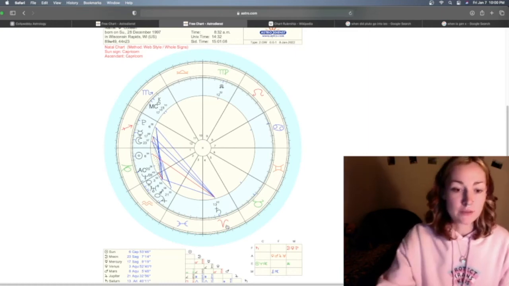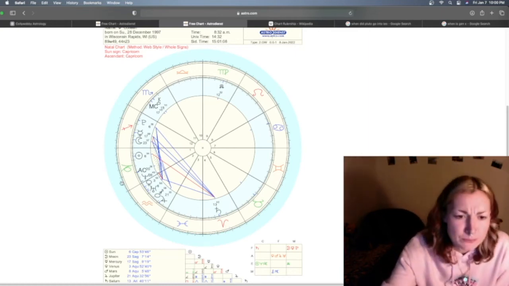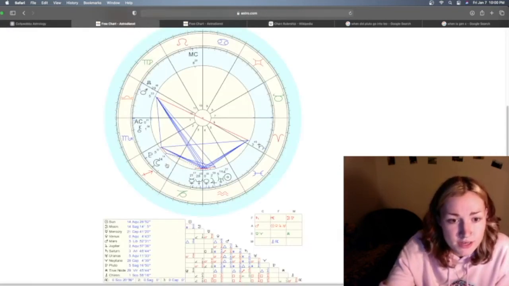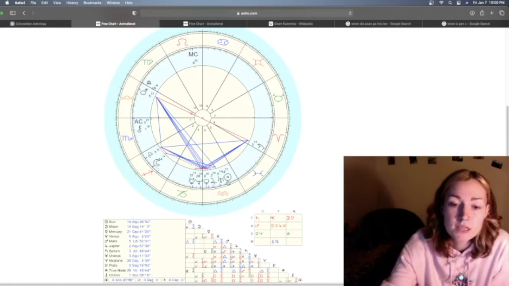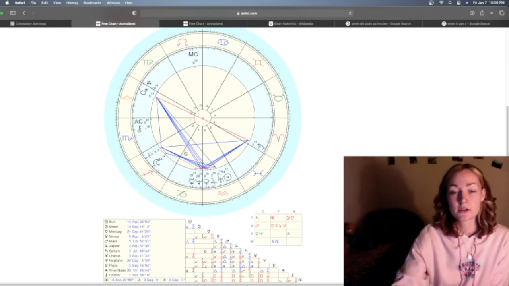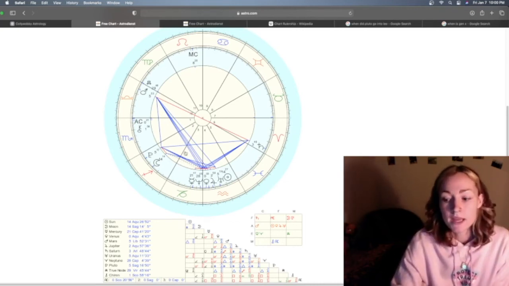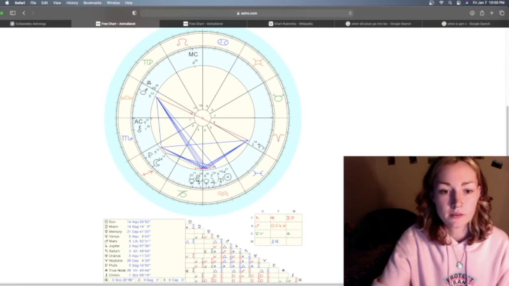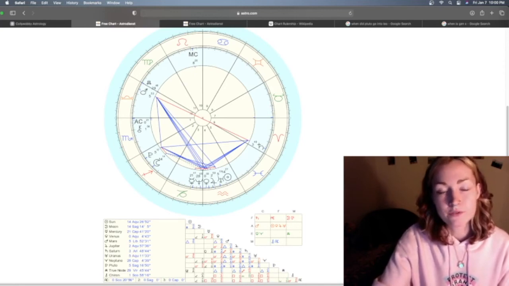So the next one we can talk about is sextile. Actually, let's look at Jessie's chart. Jessie has a sextile between her moon in Sagittarius and her sun in Aquarius at the exact degree of 14. So very strong. The sextile keyword, it's 60 degrees, is supportive energy. It's not going to be guaranteed in the same way that a trine would be, like this right here. You have to work towards it.